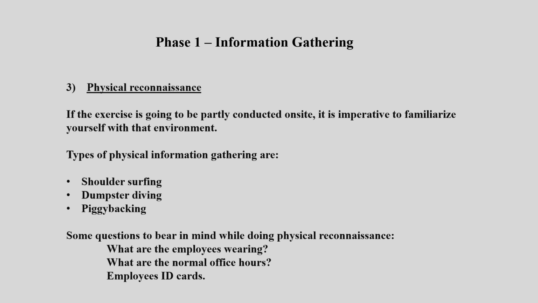For example, I will check what the employees are wearing, whether they are wearing a uniform or normal clothes. I will also check the employees' ID cards because it is really important. You just need to check the color of their ID card and the font. So you just need to observe.